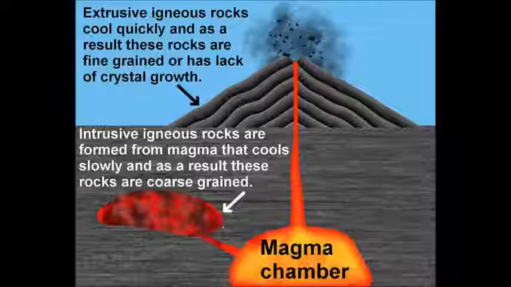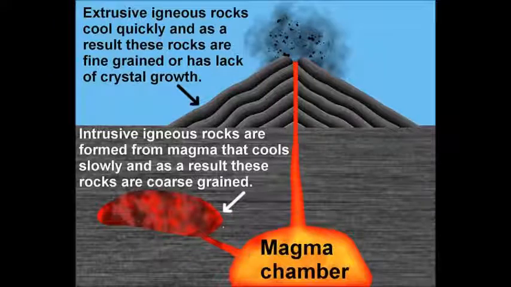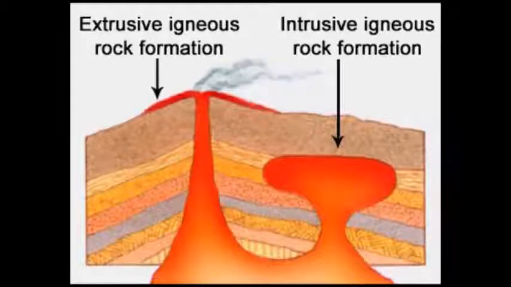Intrusive igneous rocks. When the molten material known as magma of the earth's interior does not reach the earth's surface, it cools and solidifies below the surface and is called intrusive igneous rocks.